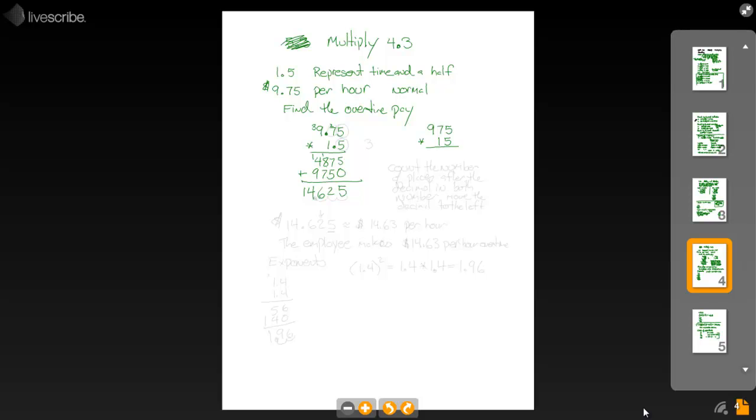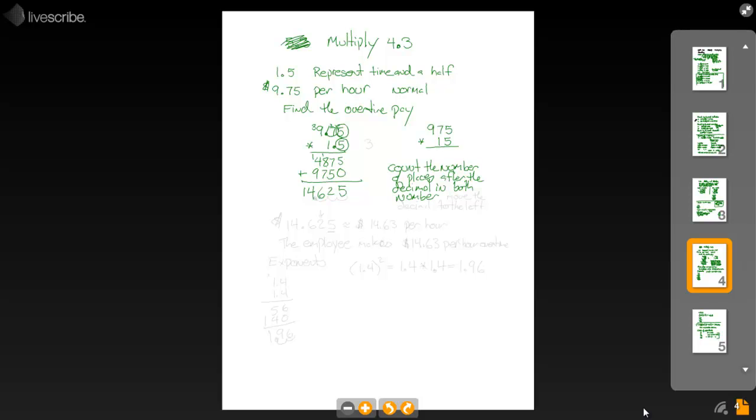And the reason, based on the directions, is you count the number of places after the decimal in both numbers.